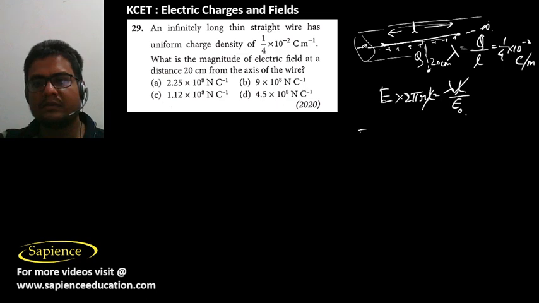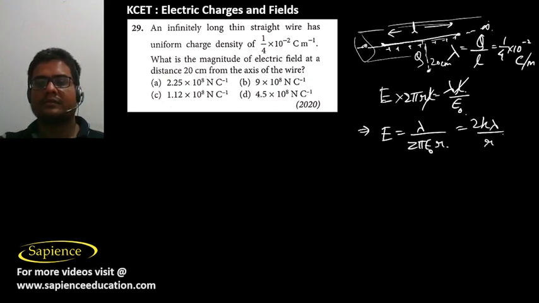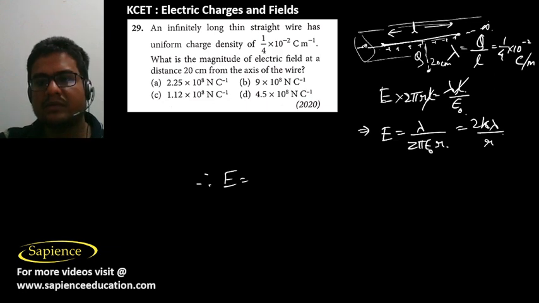L will cancel, then the electric field will be lambda by 2 pi epsilon naught, which is 2 k lambda by r. Therefore, the electric field at a distance r from the axis of the infinite wire is 2 k lambda by r.